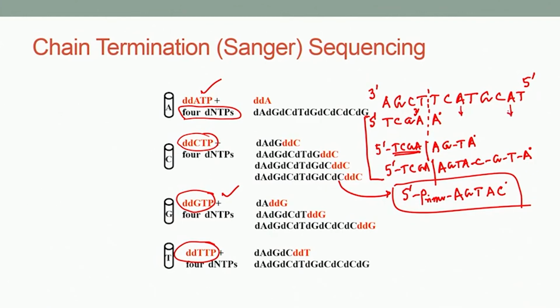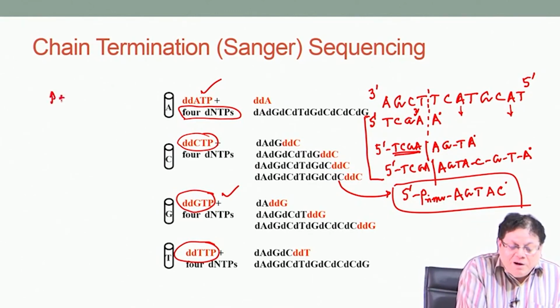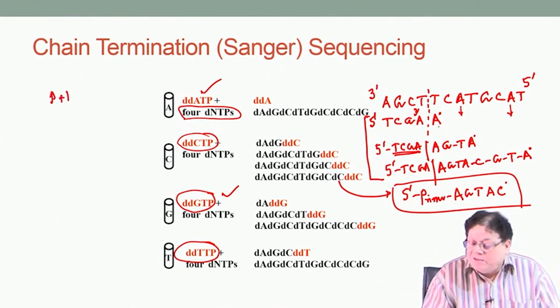Now, what you do, if you count these numbers, for the first test tube where you have added ddATP, you can get oligonucleotides which are primer plus 1. So, P plus 1 here, primer plus only one nucleotide.